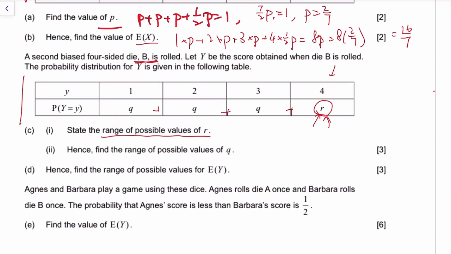On the other hand, IB actually thinks it could be 0. So they think R will have to be bigger than or equal to 0. And then since the total probability has to be 1, but also adopting the idea that Q could also be 0, the biggest possible value of R is 1.